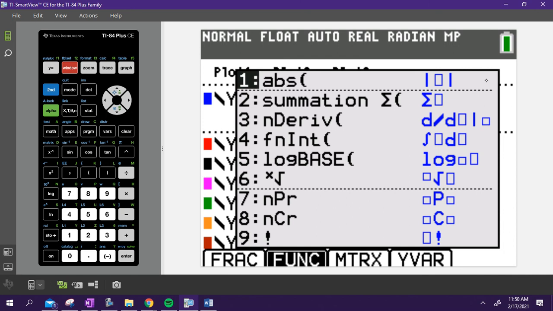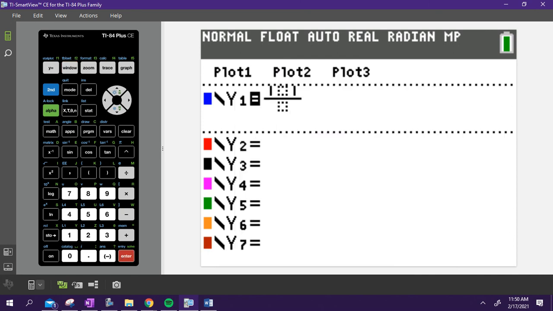That first column right there is absolute value. That's the one I want. We are doing the absolute value on top of x minus 5, and on bottom, we are doing x minus 5 as well. We type that in. We hit second table.